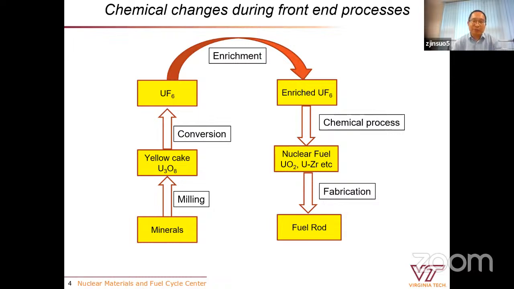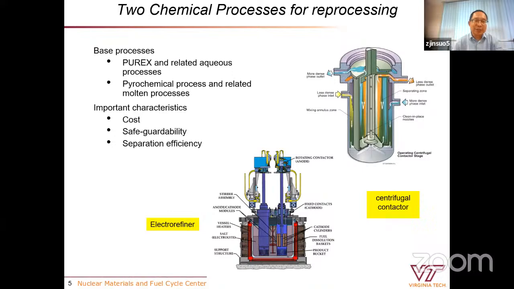So we mainly use U-10Zr, uranium with 10 percent zirconium. Then we do the fabrication and get a fuel rod, and we irradiate it. That's the solid fuel chemical change. For the back-end process, there are currently two chemical processes for reprocessing your fuel.